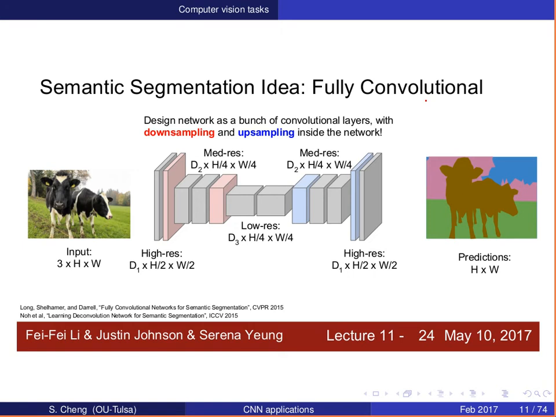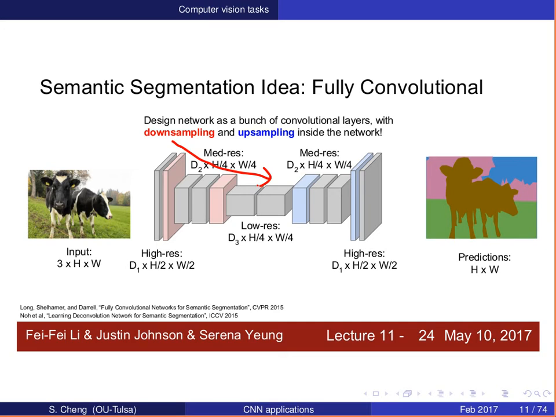So a more reasonable way is to do a kind of telescope, I don't know how you describe this thing. I just downsample and then upsample again. Downsampling we are all very familiar with, because we have max pooling and so on.